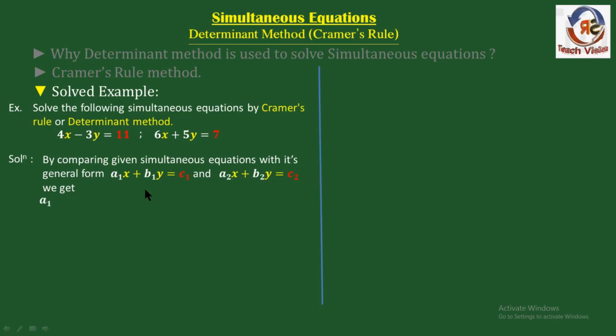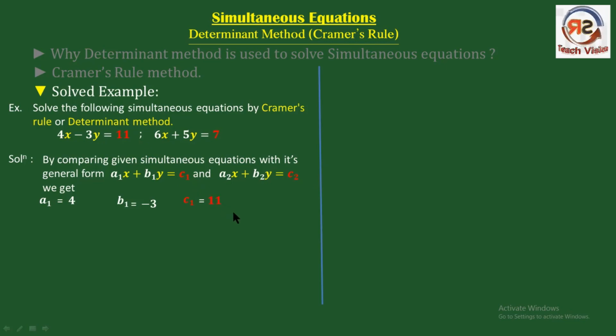then we get the value of a1 is equal to 4, b1 is equal to minus 3 and c1 is equal to 11.